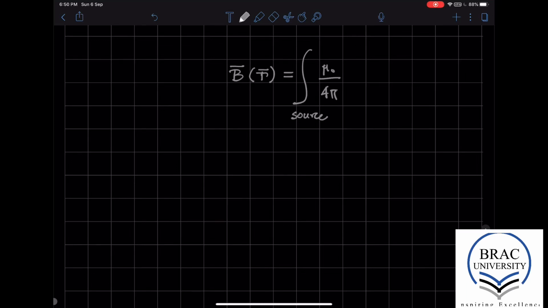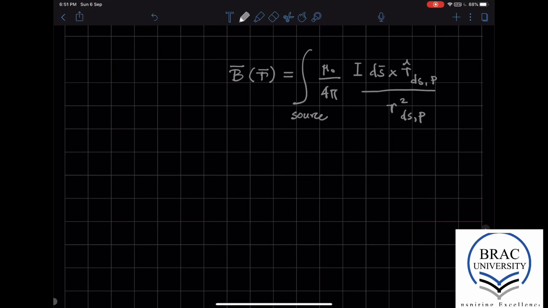Then we have the current times the current element, crossed with the unit vector pointing from the current element to the point P, divided by the distance squared. So this is Biot-Savart's law.